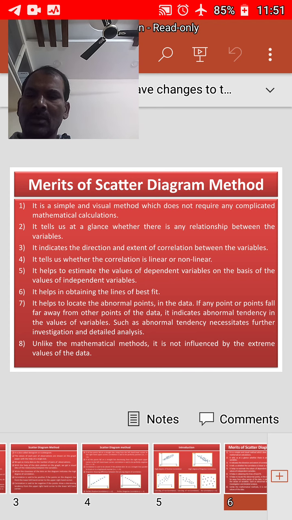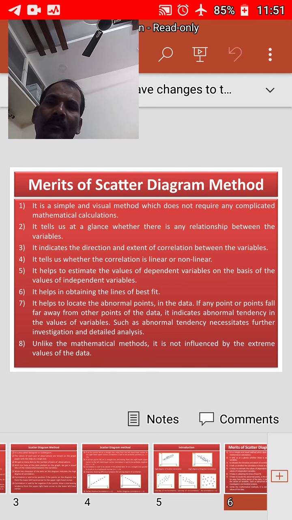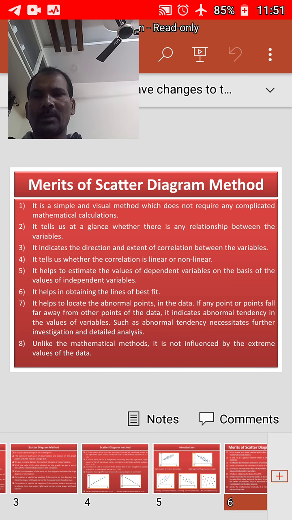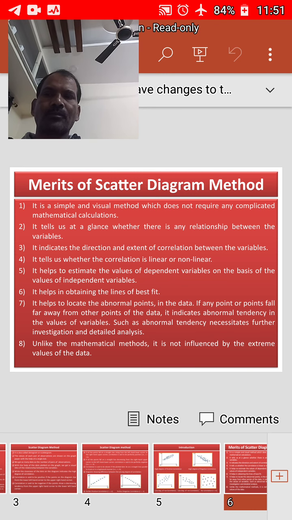It also helps to estimate values of dependent variables on the basis of values of independent variables, right? Next, it helps in obtaining the line of best fit, and it helps to locate the abnormal points in the data.